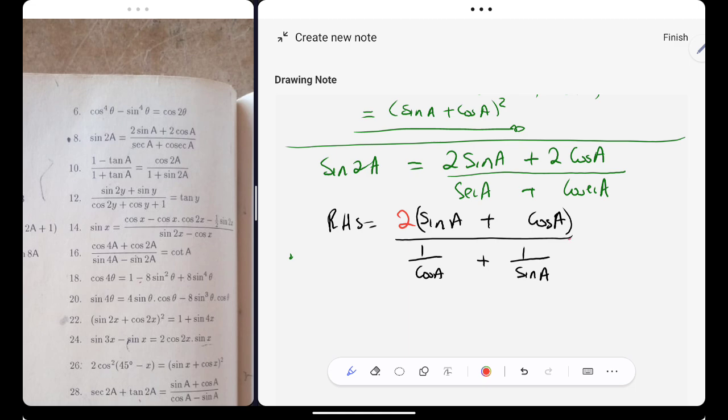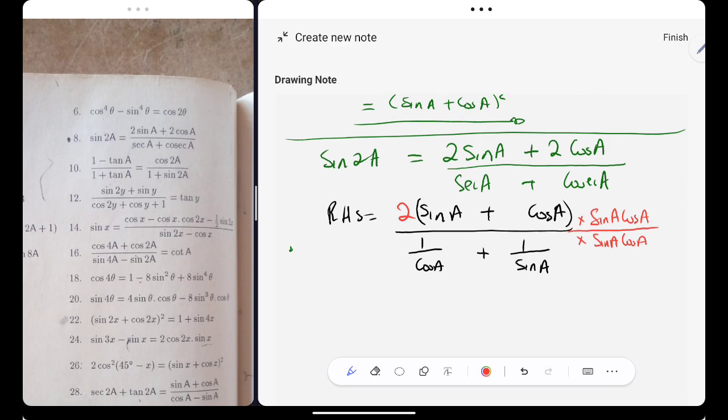And then now, guys, I don't like having fractions within a fraction. Are you together? So my duty will be just multiply the top and bottom by the LCD. My LCD will be sine a multiplied by cos a.